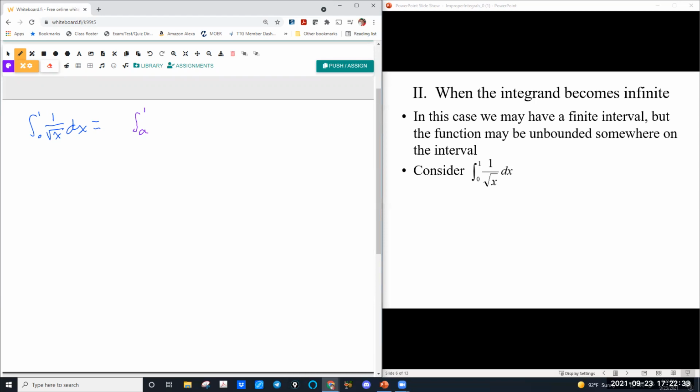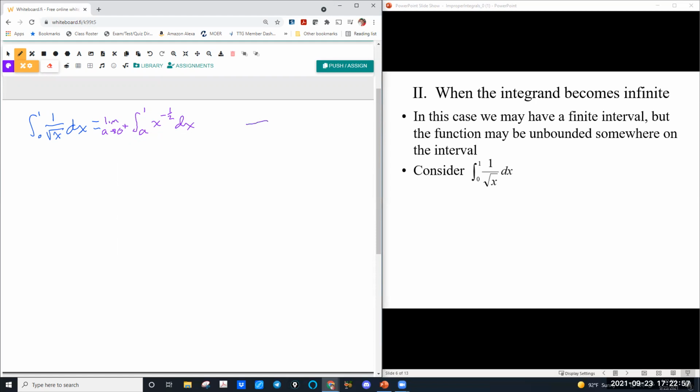Because we're going to be doing an antiderivative, we rewrite this as a power function, x to the minus 1/2 dx, and we're going to do a limit, but now the limit is no longer going to infinity. A is going to 0, and specifically it's going to 0 from the right.